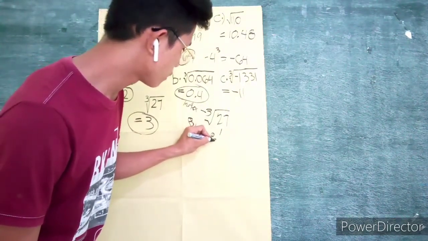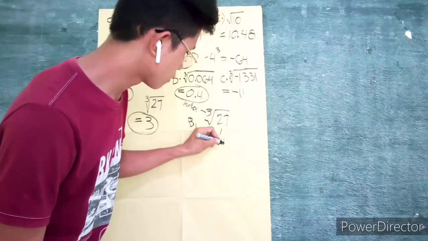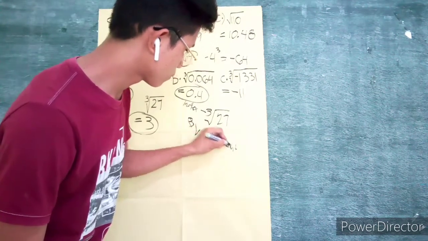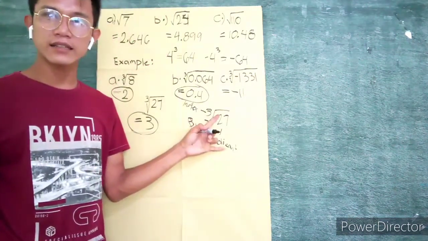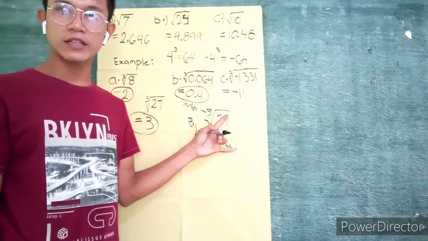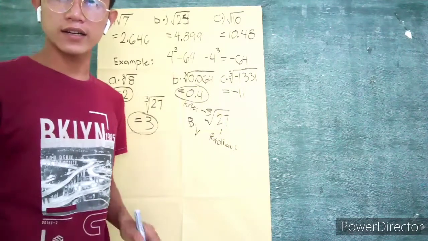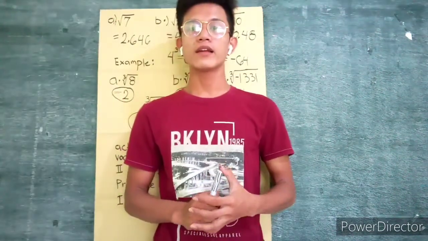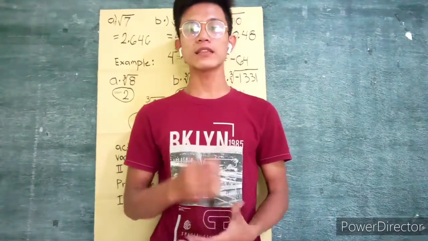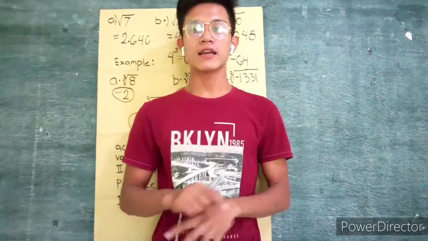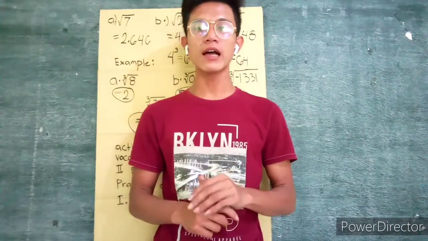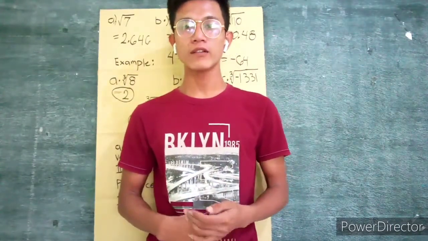Radicand. And this is the square root symbol or the radical symbol, okay? Very good. So always put on your mind, in solving the square root and other roots, it is very important to familiarize the perfect square number and the non-perfect square number, okay?